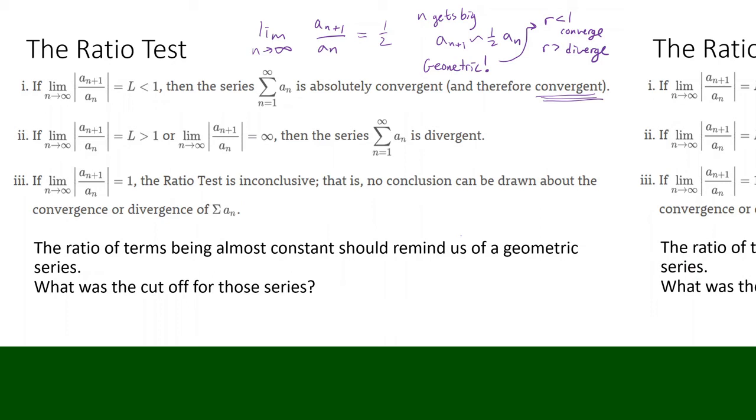So then I can use the ideas I know about geometric series and apply them to the series I'm working with. And that's exactly what's happening here. This L is like your r from the geometric. So if it's less than 1, converge, greater than 1, diverge. And what's nice about this, you don't even have to remember something new. You know this for geometric, now you know it for the ratio test.